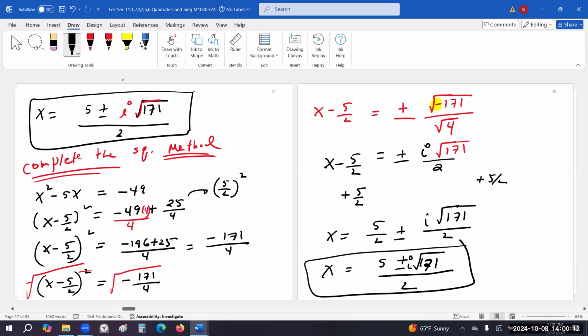But you can use complete the square anytime, no problem. If you are okay with fractions, you can use any of them. But if you don't like fractions, then don't use complete the square when b is not an even number. Any questions?